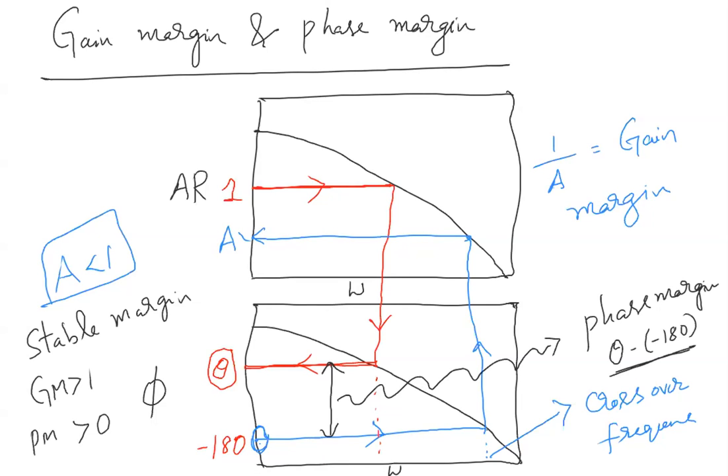Because if your theta is less than minus 180, the phase margin becomes negative. Suppose theta is minus 150, then what is your phase margin? Minus 150 minus of minus 180, which is plus 180, which is 30 degrees.